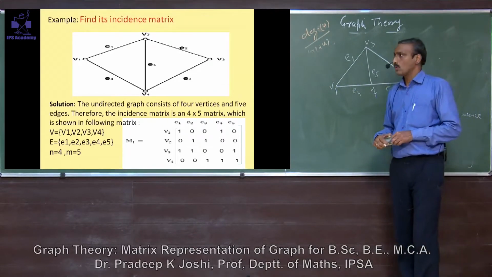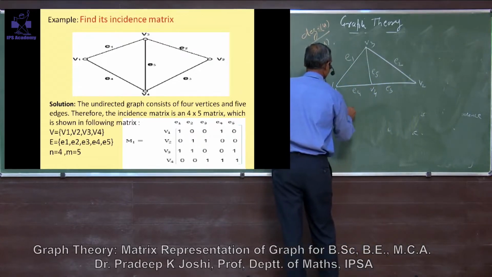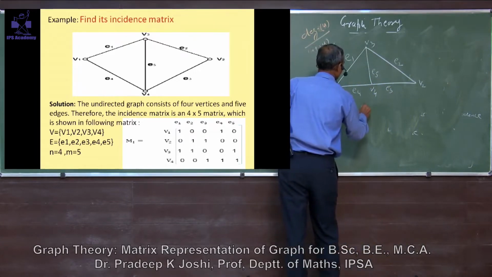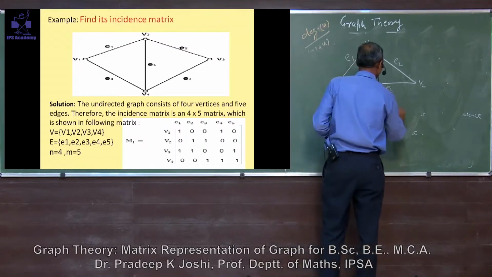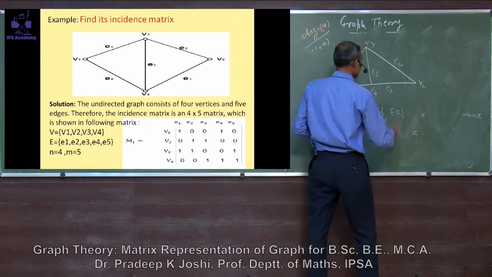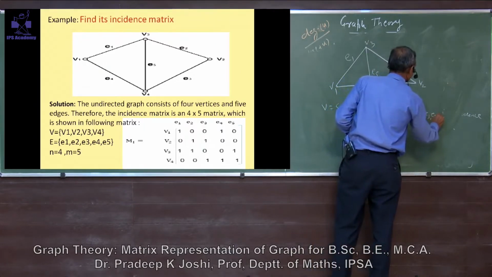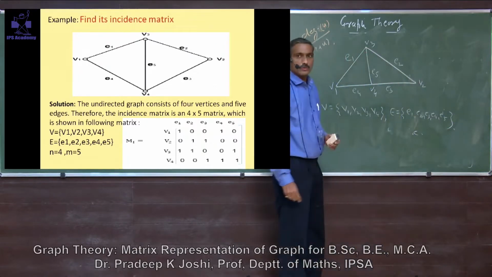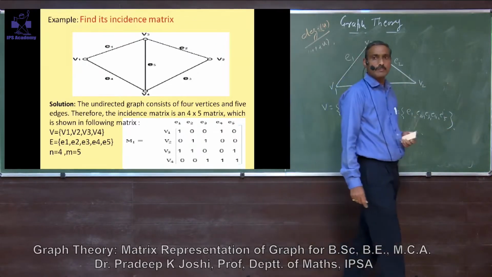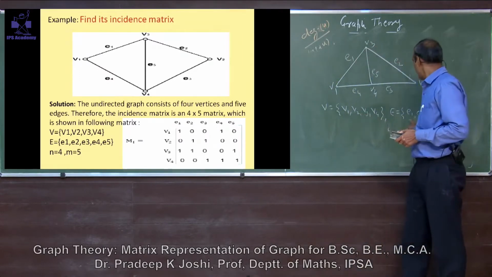First we define the vertex set. How many vertices are here? V1, V2, V3, V4. And what is the edge set? E equals E1, E2, E3, E4, E5. So the order of the matrix will be 4 by 5 because there are 4 vertices and 5 edges.